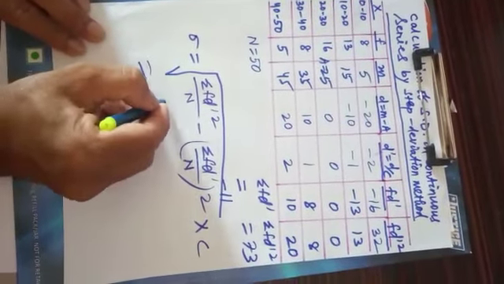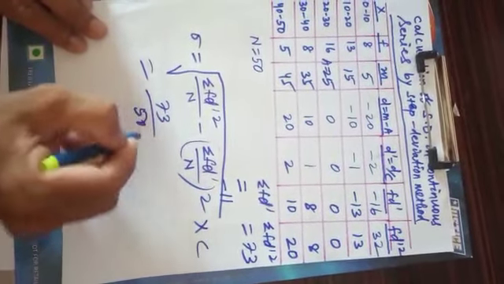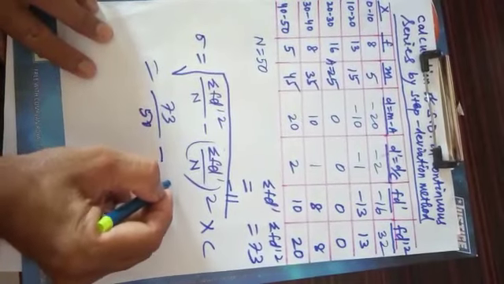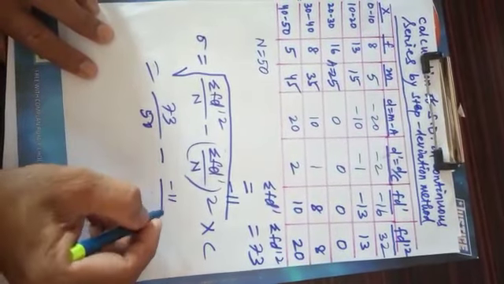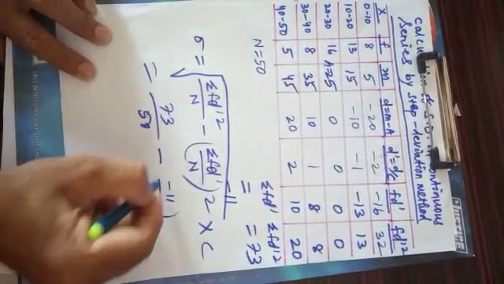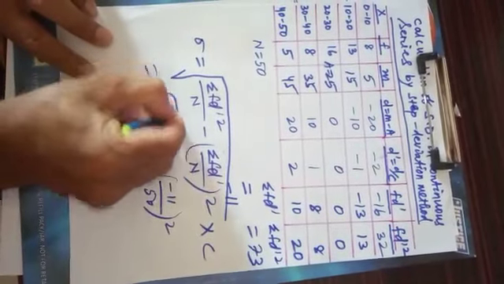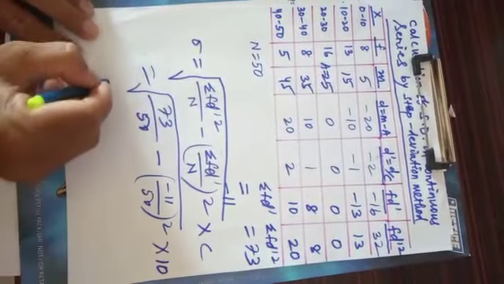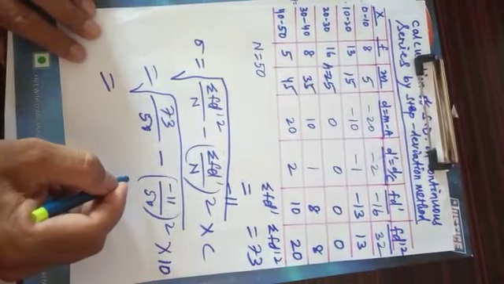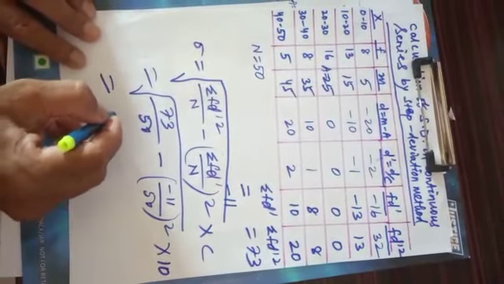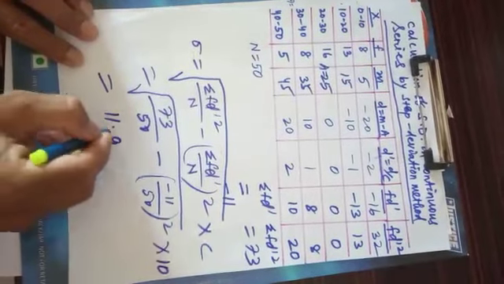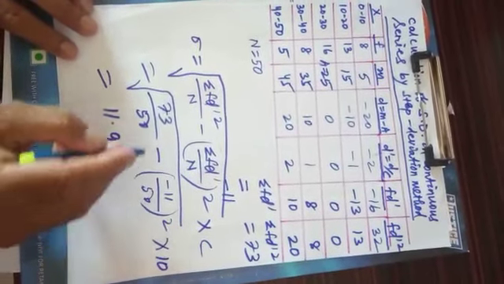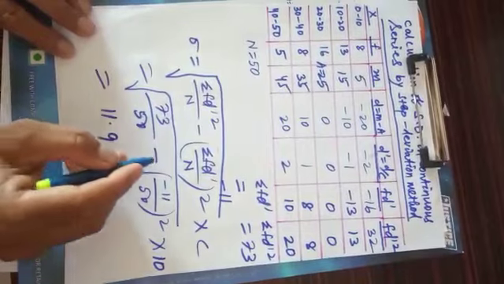So it will be 73 divided by 50 minus 11 divided by 50, squared, then root, then into the common factor we have taken, 10. If we go on solving this, the result will be 11.9. This is the standard deviation we have found by using the step deviation method.